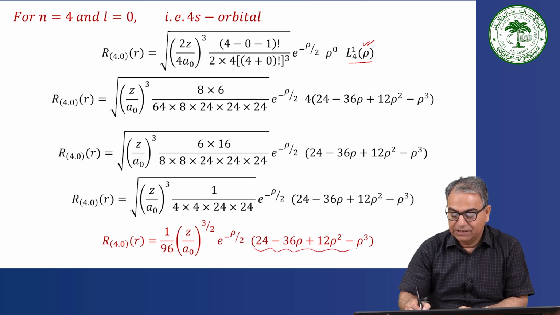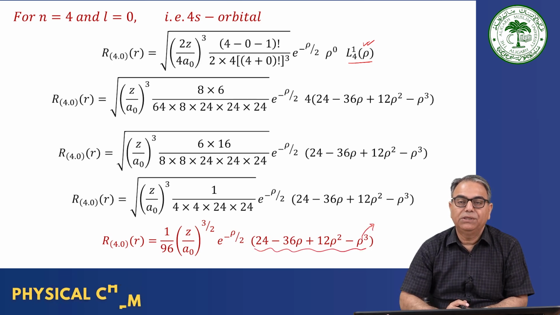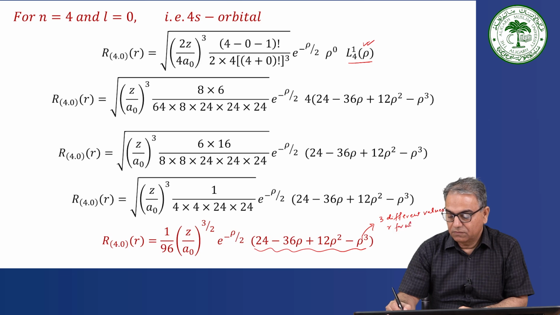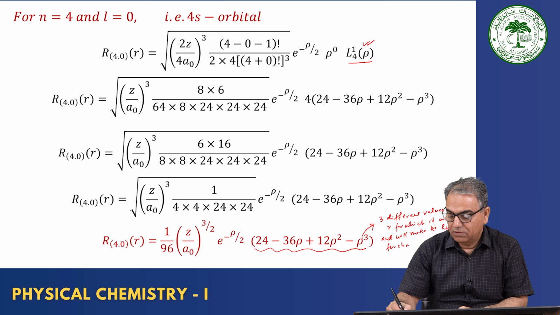Obviously, in this case, since it is rho cube, there will be 3 different values of r for which this equation will be 0, and will make the whole function, or better write the R40 function, 0.